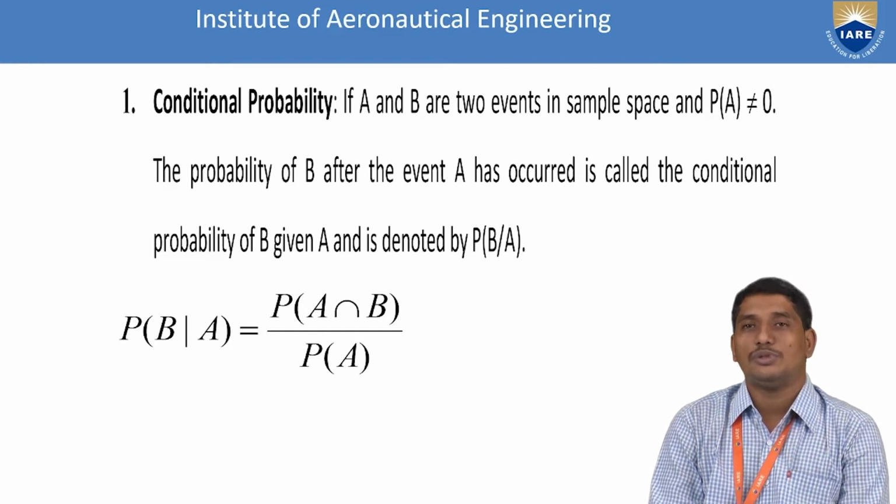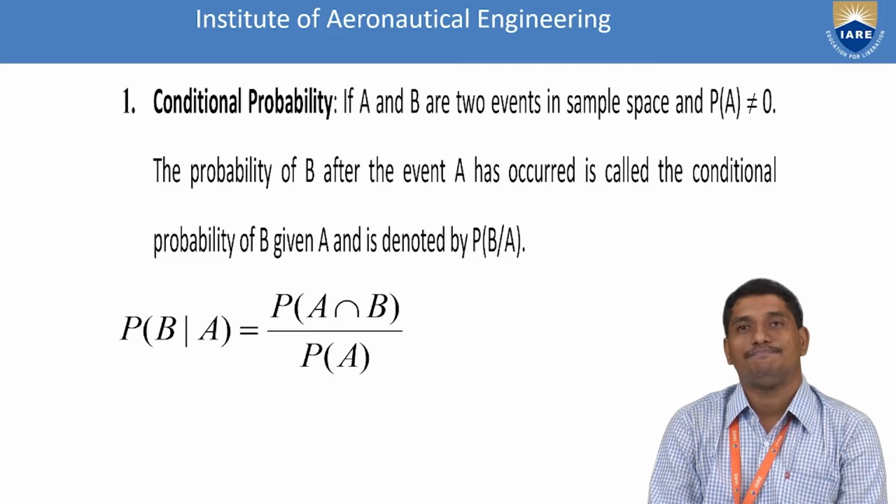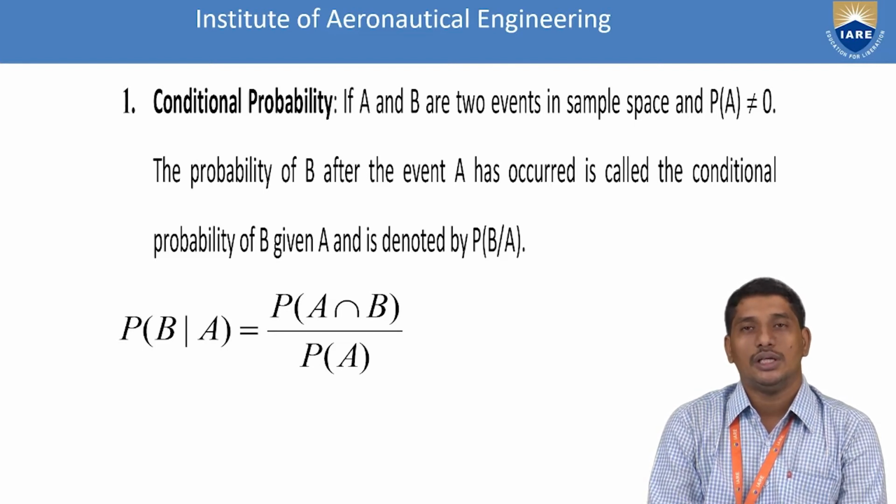The sample space associated with the random experiment of tossing two coins at a time is HT, TH, TT, and HH. And the sample space associated with rolling a die is the numbers 1, 2, 3, 4, 5, 6.